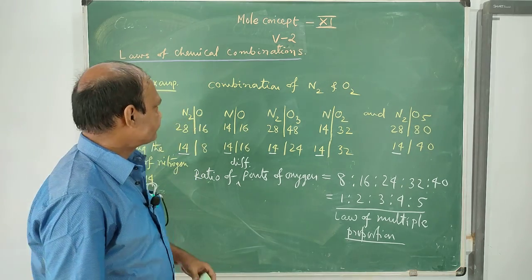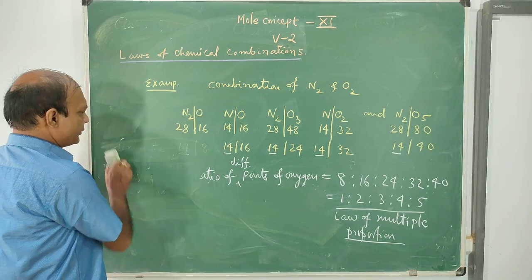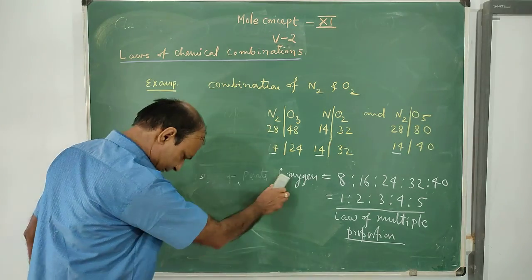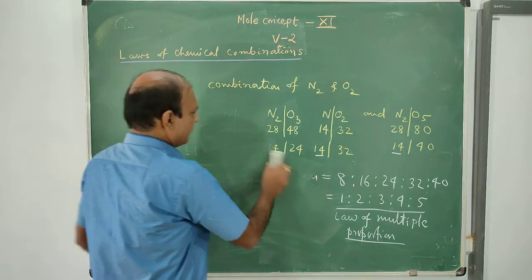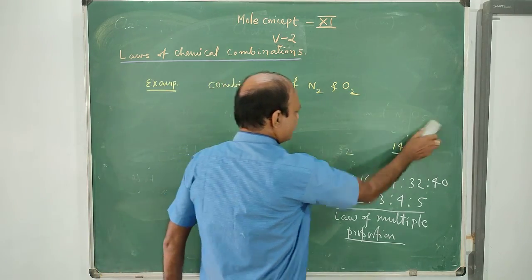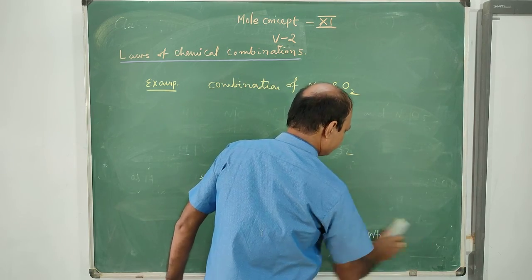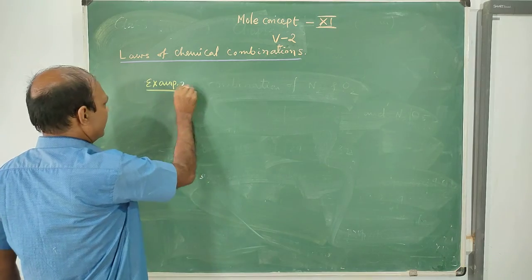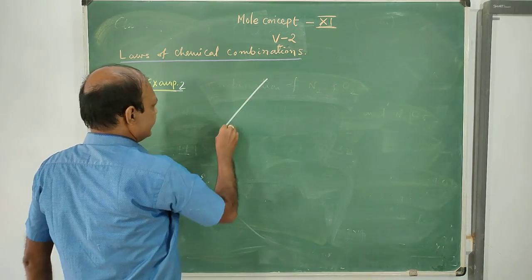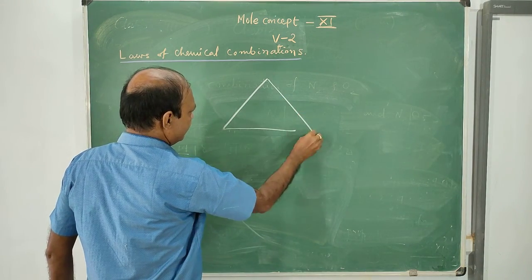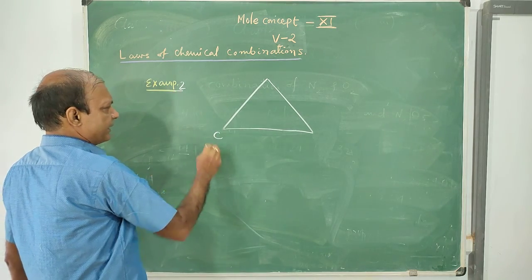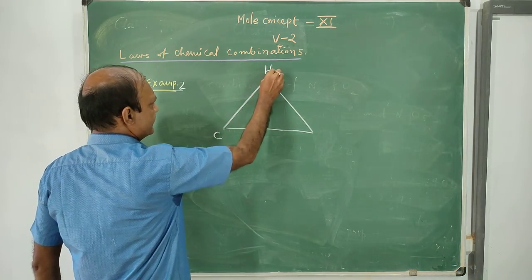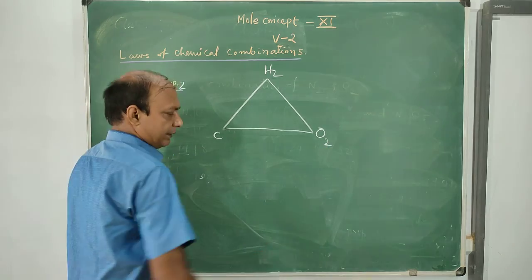Now see another example. Example number 2. See, here is a triangle. Here I am writing carbon, hydrogen, oxygen.